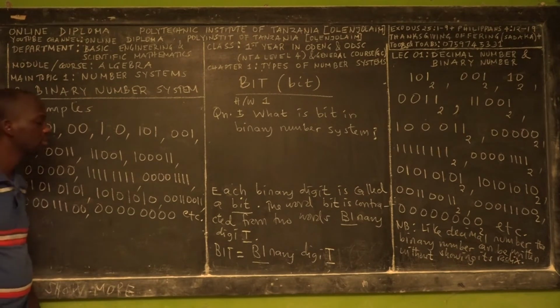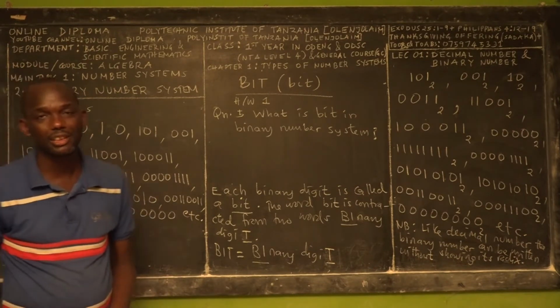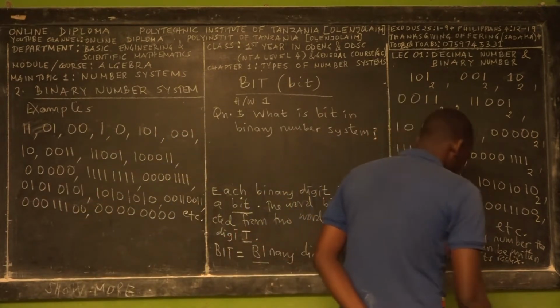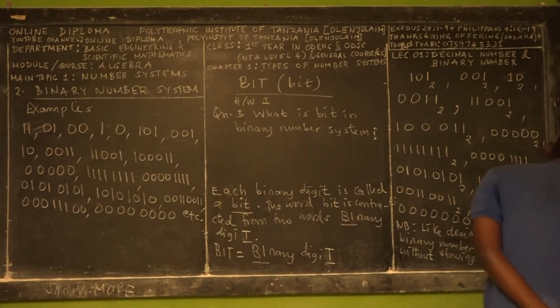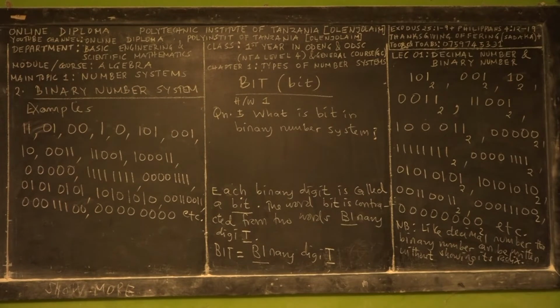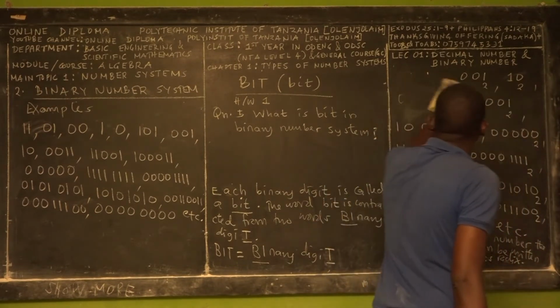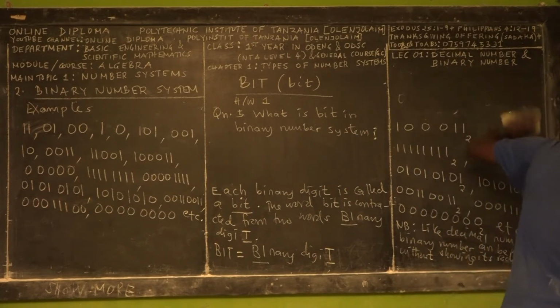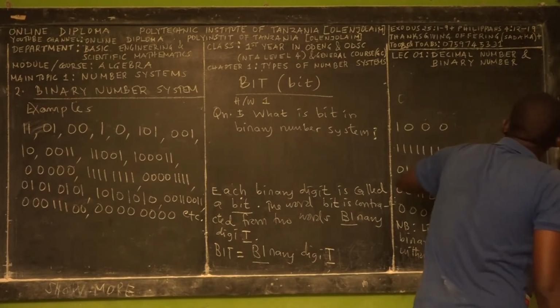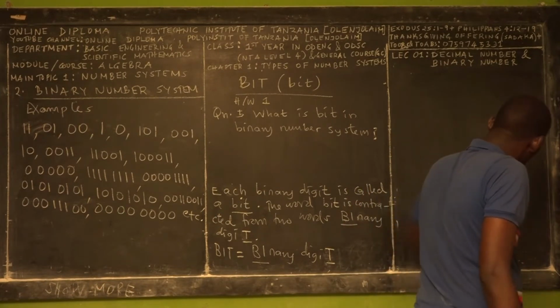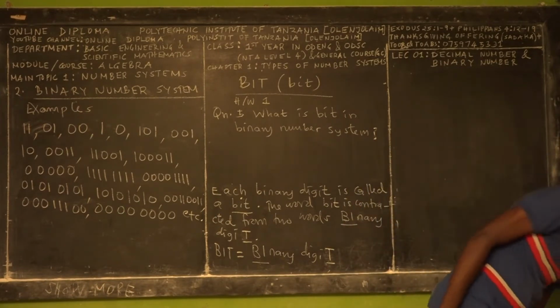So bit means binary digit. It means bit is an abbreviation of binary digit. Wonderful. I believe that you understand clearly the concepts of binary number for the rest of your life.